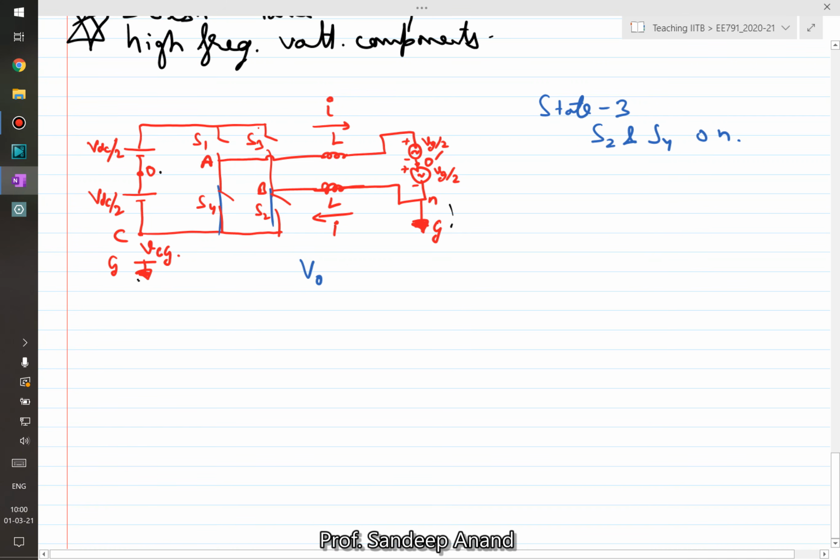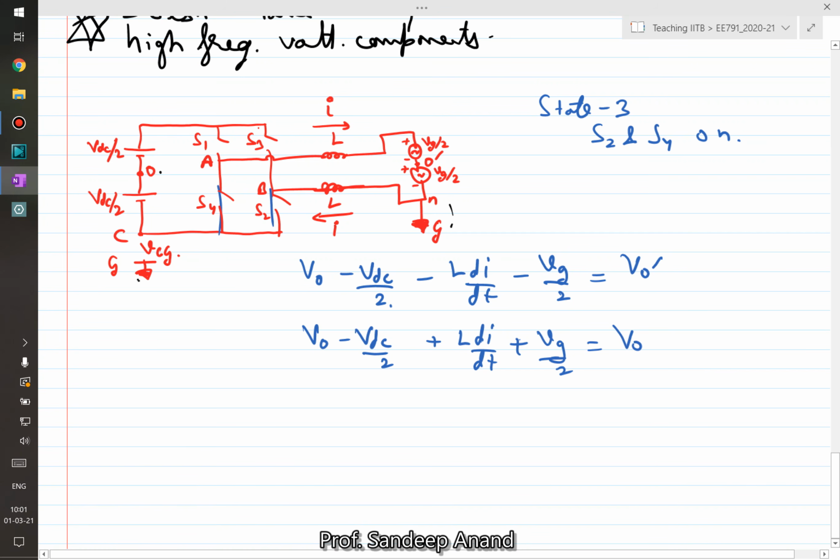The first is VO minus VDC by 2, and then I go through switch S4 to point A, minus L di/dt minus VG by 2, equal to VO prime. In the other equation, again I start from VO, I go to minus VDC by 2, but then I go through point B, or rather through switch S2, and therefore I write L di/dt plus VG by 2 gives me VO prime. If I now add these two equations, the L di/dt terms cancel out, and VO minus VDC is equal to VO prime.